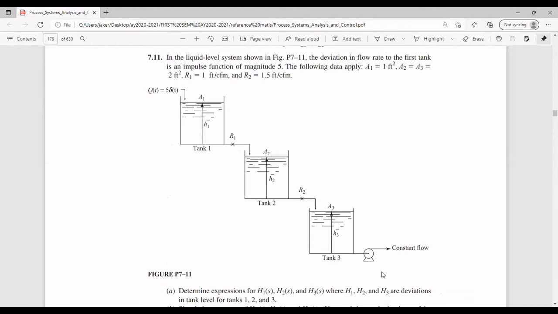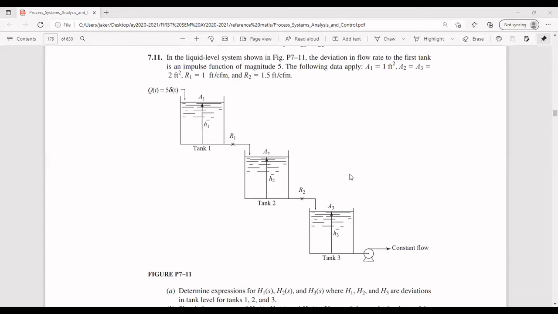In this case, you have a pump, so your volumetric outflow is a constant. We can still remember that one, and we will just simply make use of that. That way, we can get the overall transfer function of the 3-tank system. If not, we can go back to our, okay, so we have here the green box. It's 1 over AS. Okay, thank you for that. So your transfer function for the 3rd tank is 1 over AS.